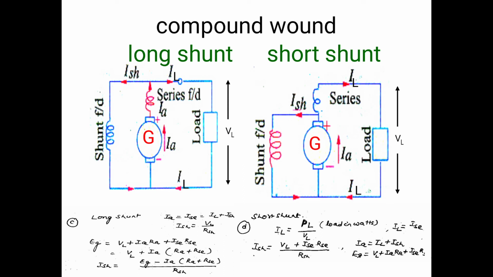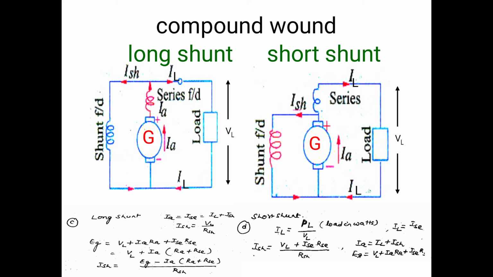First, the long shunt compound DC generator. Here the armature winding and series field winding are connected in series. The shunt field winding is connected across this whole combination. The load is connected across the total armature winding and series field winding combination.